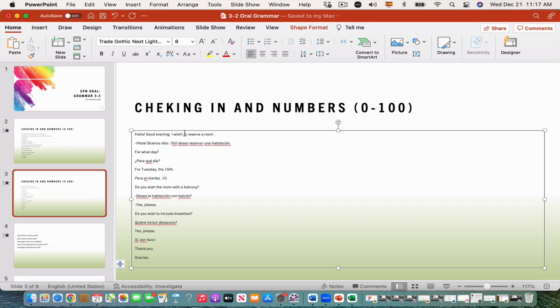Do you wish the room with a balcony? ¿Desea la habitación con un balcón? No. Or yes. That's up to you. Yes or no. Okay? ¿Quiere incluir desayuno? Do you want or do you wish to include breakfast? Sí o no. Please. Por favor.